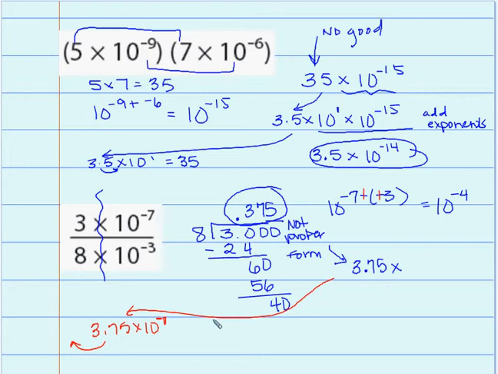So 0.375 in scientific notation is 3.75 times 10 to the negative 1st power. But I also have this times 10 to the negative 4th power. Again, I need to add the exponents when you're multiplying, so you get 3.75 times 10 to the negative 5th power.